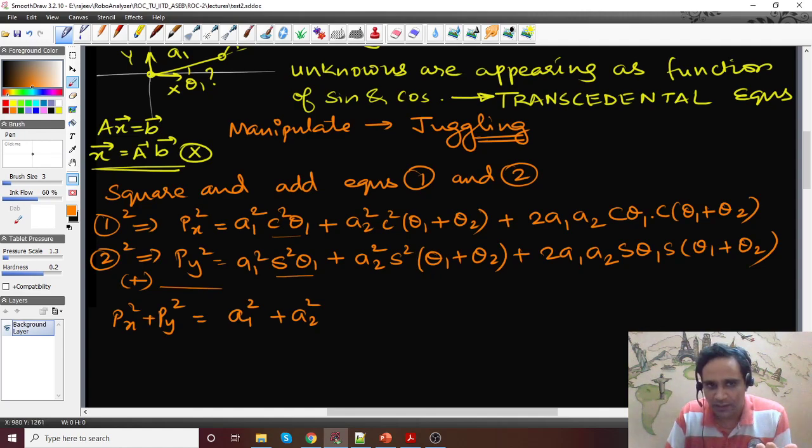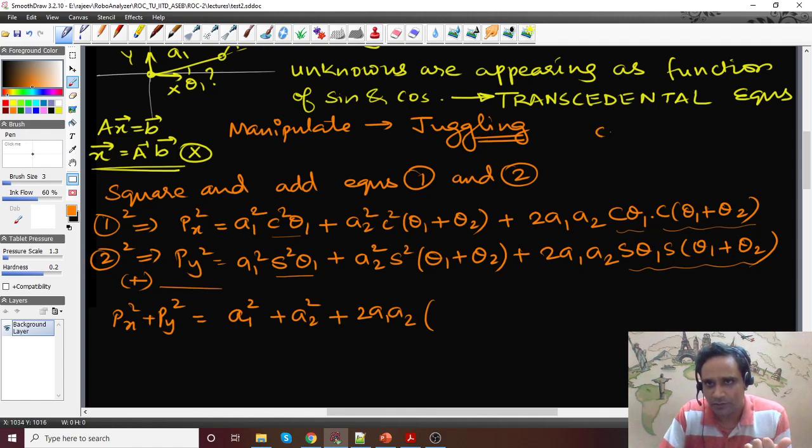Now this particular part, you can see there are some common factors. 2a1 a2 are common, so I'll take 2a1 a2 as common. Now this is appearing as if it is cos a cos b and sine a sine b.